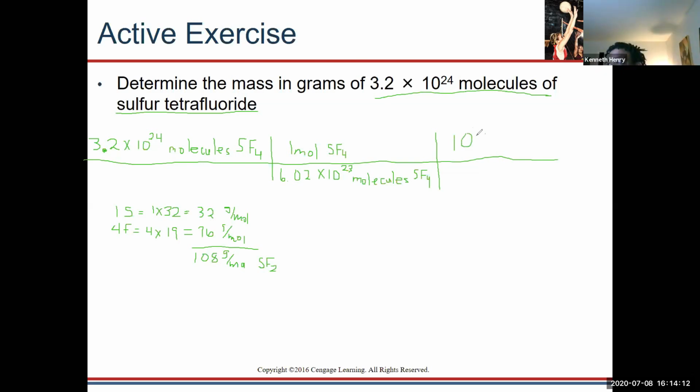And then that one's going to be 1 mole per mole, 1 mole of sulfur tetrafluoride. So I can cross out.